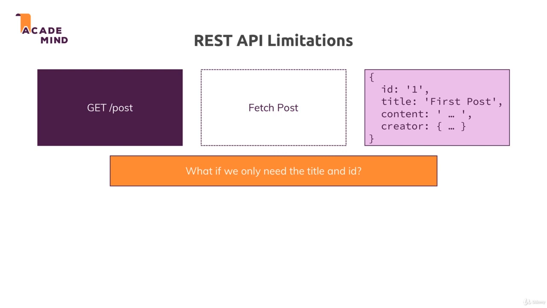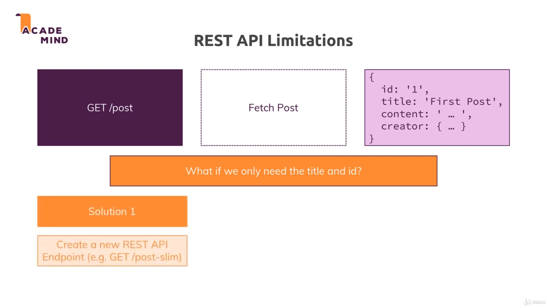Well, solution one is, of course, to simply create more endpoints that return the different types of data. We can create a new REST API endpoint, for example, sending a GET request to post-slim to only return title and ID. Now, obviously, by the way, you could also use the same endpoint all the time and just parse or filter out the data you need on the front end, but then you're sending a lot of unnecessary data over the wire, which is an issue, especially when working with mobile devices.